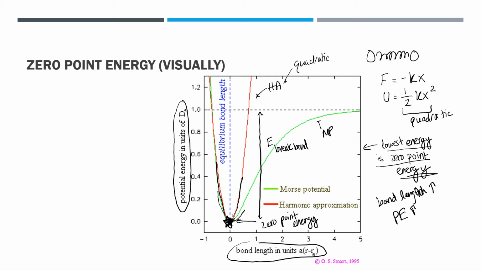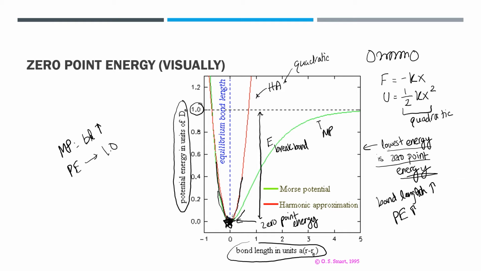As our bond length goes up with Morse potential, what happens to our potential energy? Our potential energy approaches some certain value. In this case, we see on this graph, our potential energy is approaching 1.0. So it's just approaching some value. This is a super important distinction, and now we're going to talk about which one models an actual bond better.